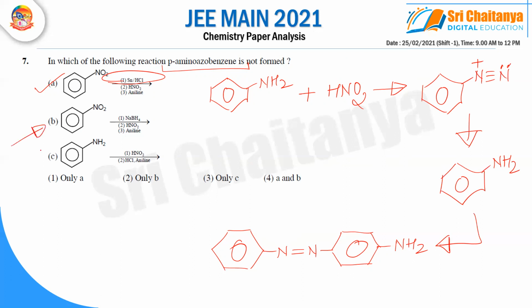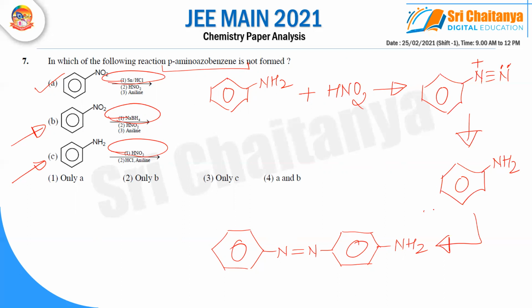We look at option B, you have NaBH4. Sodium borohydride is also a reducing agent, but it is not capable of reducing NO2 into NH2. So in this particular case, you are not going to end up with p-amino azobenzene. Let us look into option C. In option C, you have aniline, then we have HNO2, so you're going to get a diazonium.